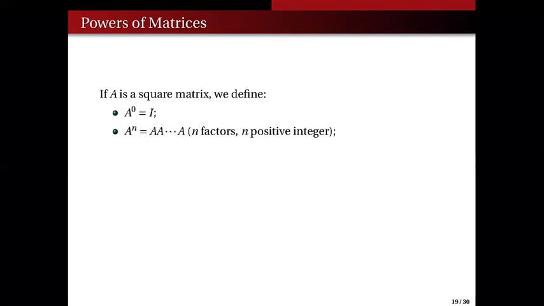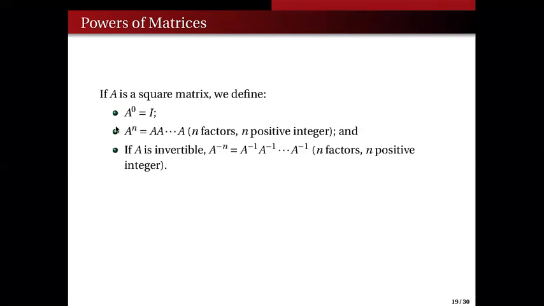What about now if you have a negative exponent? If A is invertible, A raised to negative n means you are multiplying A inverse with itself n times. So A raised to negative n is A inverse times A inverse times A inverse and so on, and you have n factors.